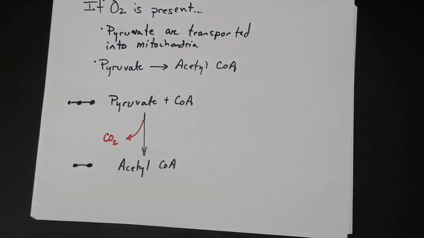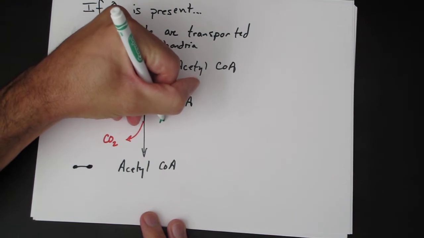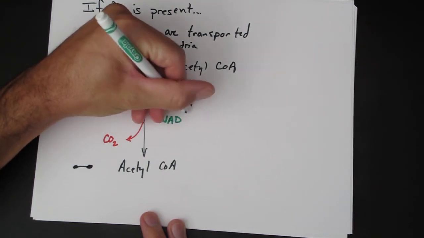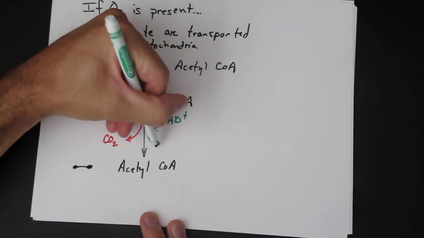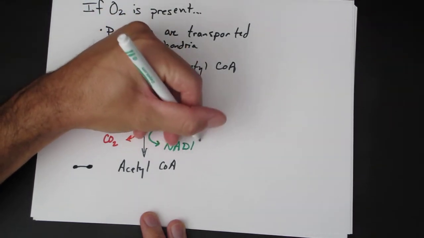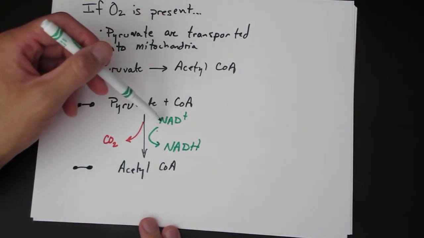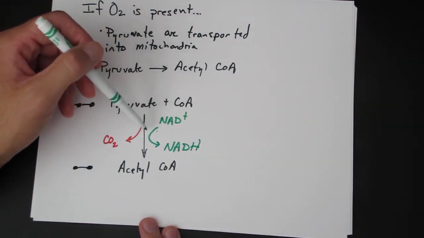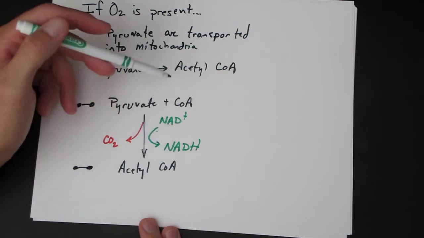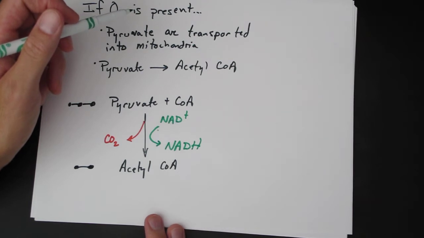The other thing that we're doing, and again, I said that we're going to be coming back to this over and over again, is we are observing another redox reaction. What we have is NAD+ getting converted to NADH. What do you think that we're oxidizing in this process?